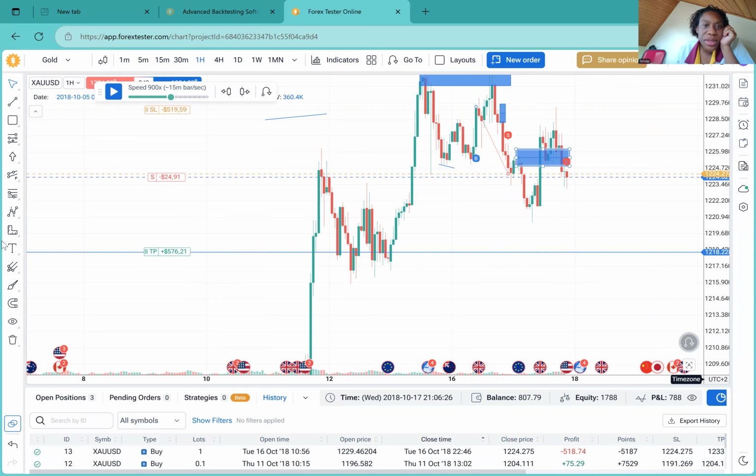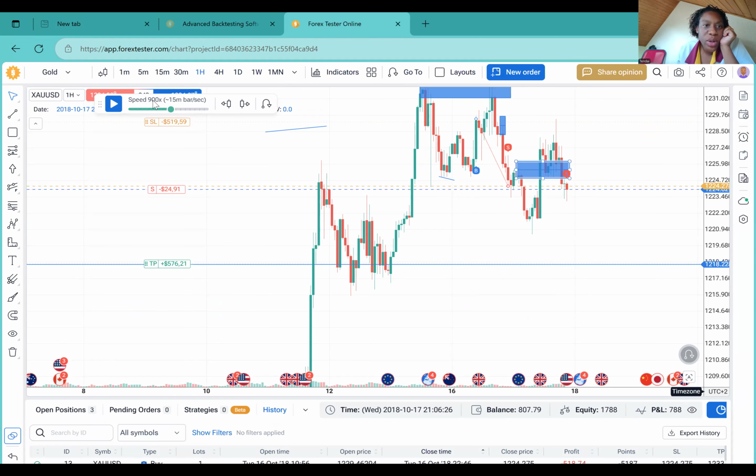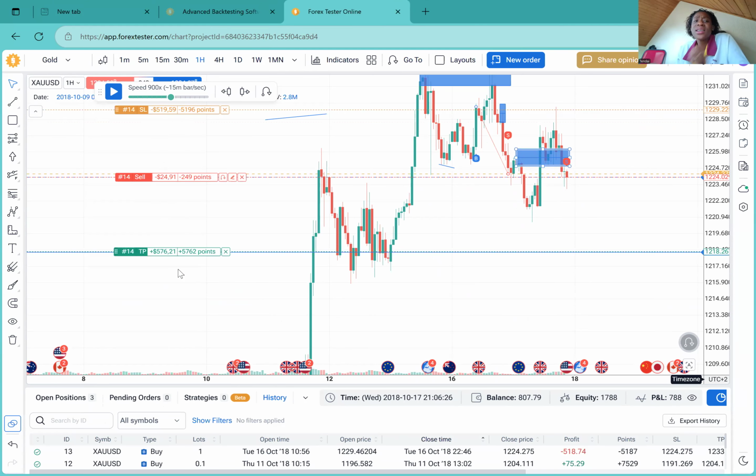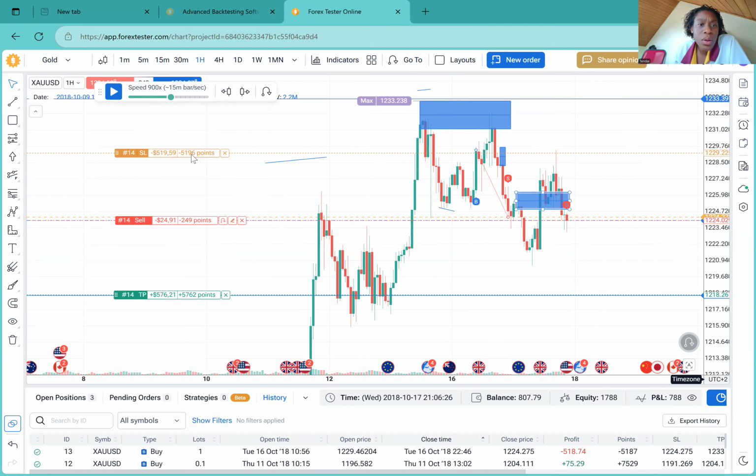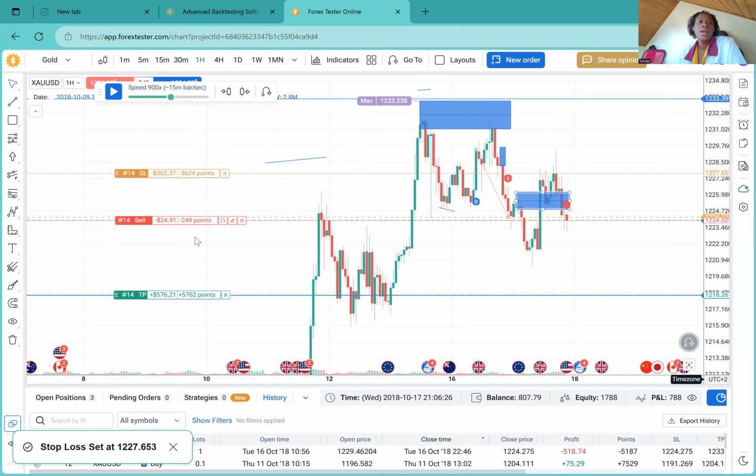My stop loss is a bit too high. As you can see, I'm willing to lose 519 to make 576, which does not make any sense. So what we'll do is let's move it down a bit. I put it here. Yeah. So at least the ratio is 1:2, something.